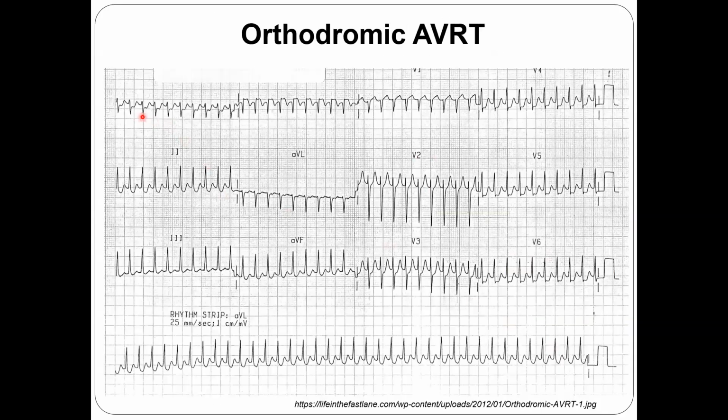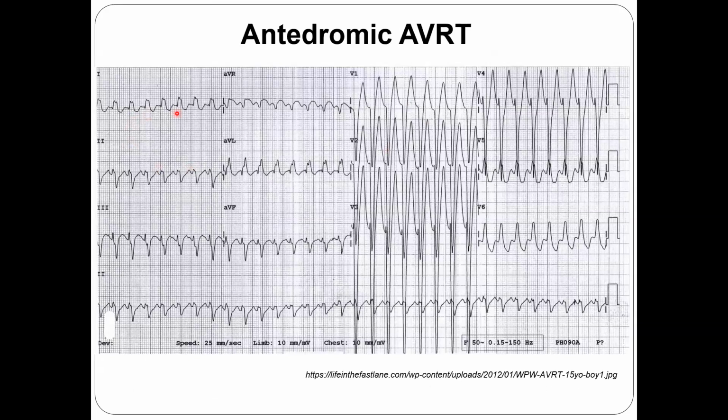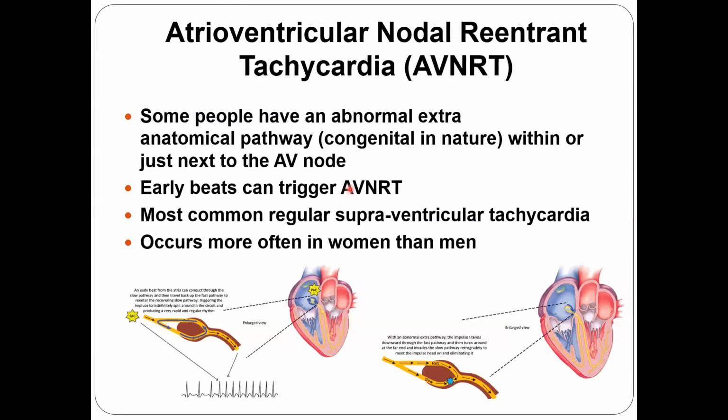For example, the orthodromic, as you see here, very narrow QRS, and you do have a wide QRS. This is called the antidromic AVRT. Now is another one, the nodal tachycardia, so-called AVNRT tachycardias, when this re-entry develops inside the AV node or AV junction, and that can be very fast.